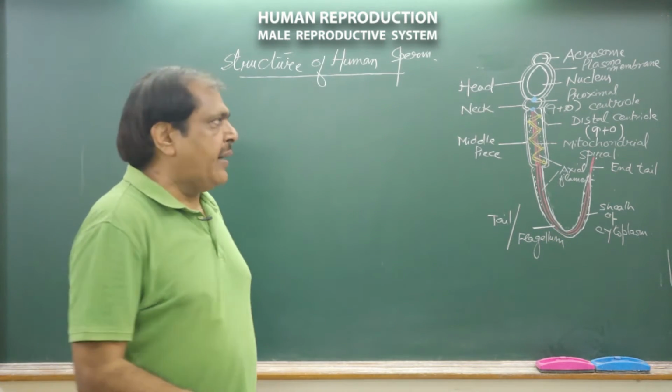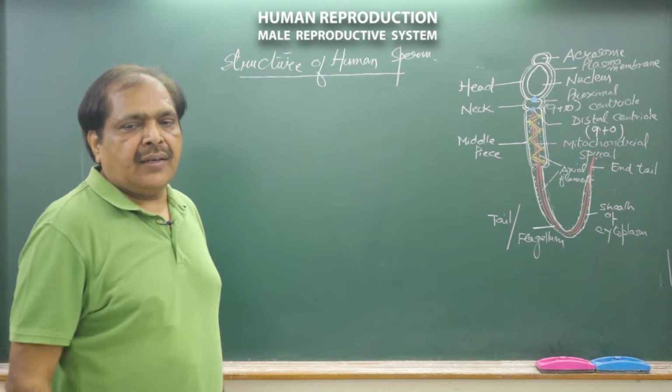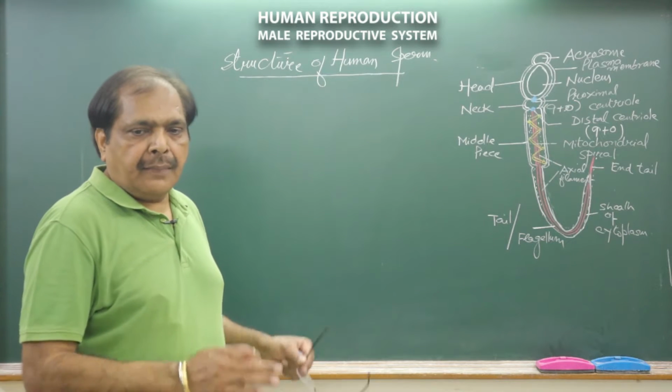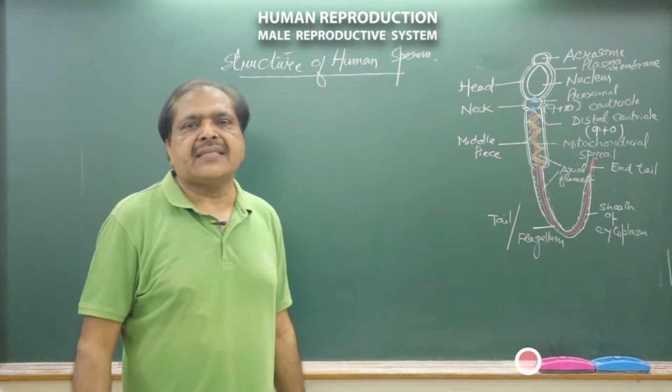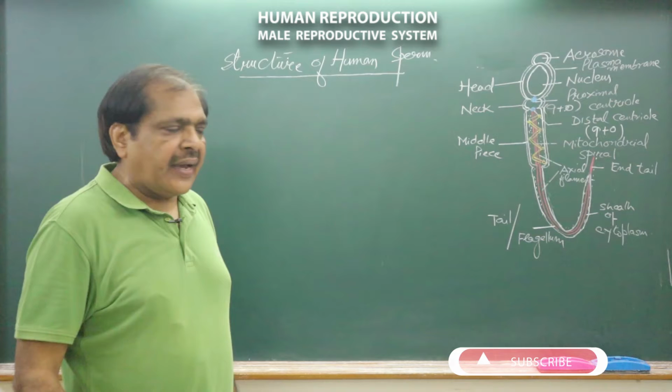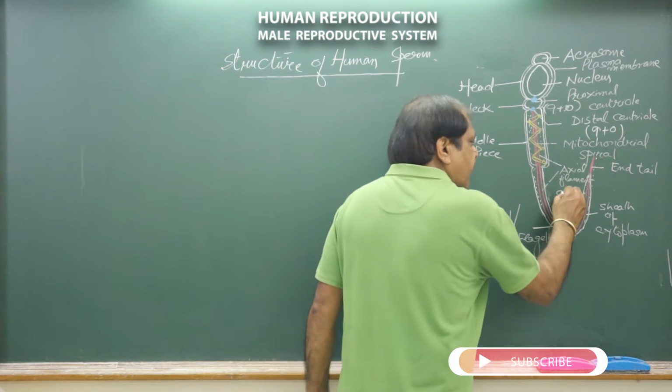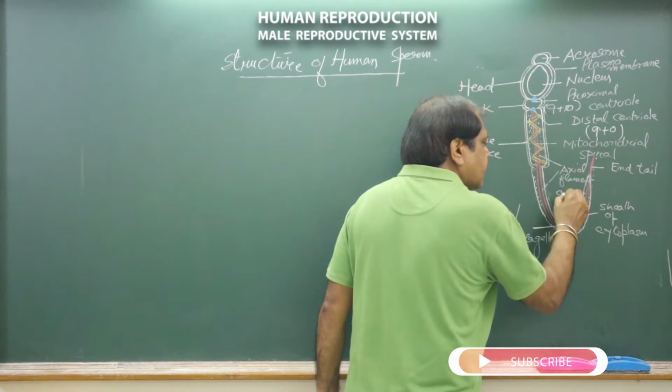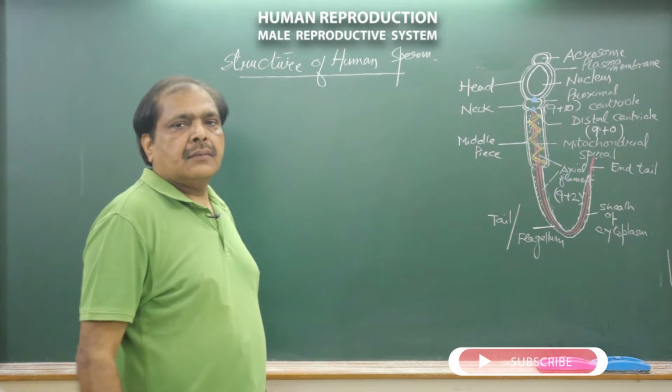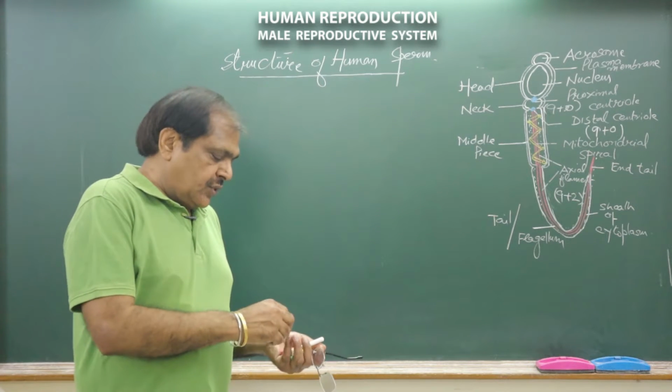The distal centriole has a 9+0 pattern. The proximal centriole also has a 9+0 pattern of microtubules, but the axial filament has a 9+2 pattern of microtubules.